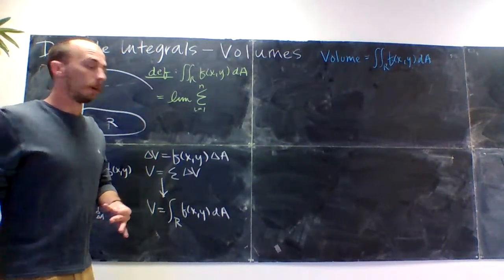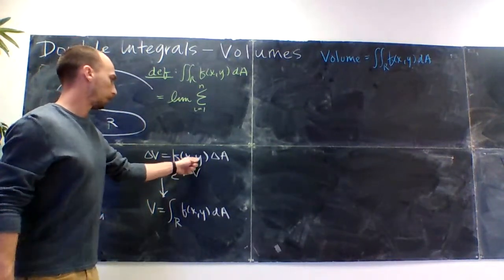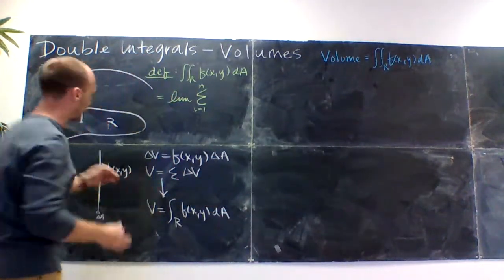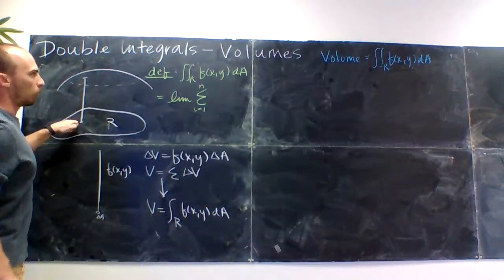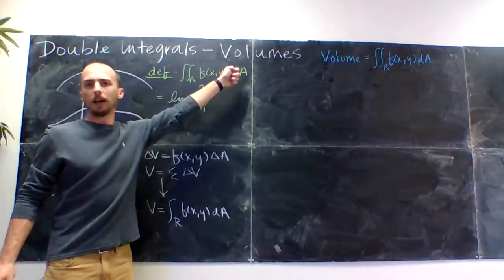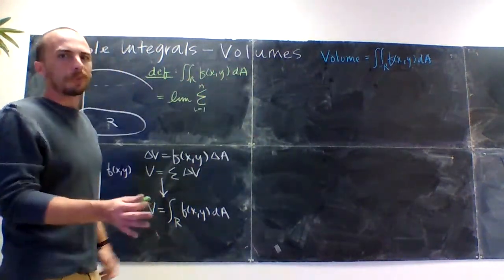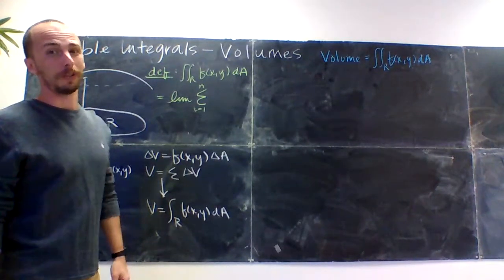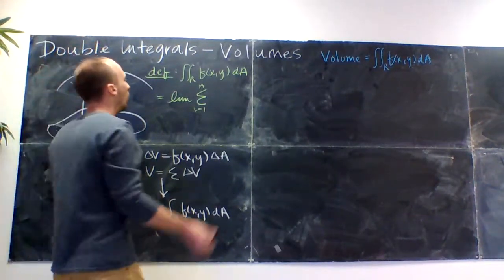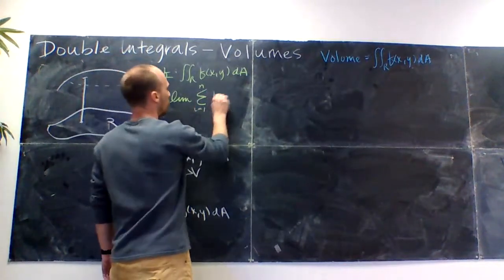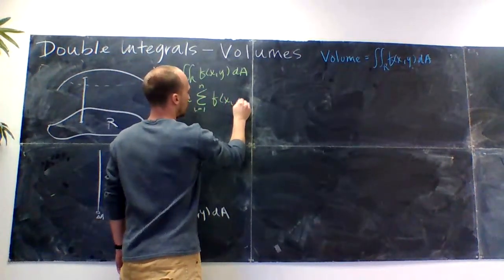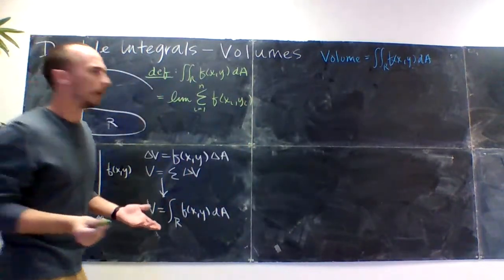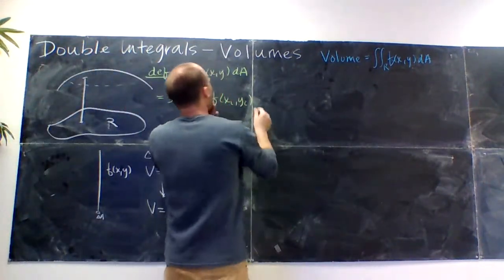These sticks have volume given by f of x and y times delta A. Now, if we're going to split it up into a bunch of different sticks, it's going to be f of each individual xi and yi, which you don't really want to go into the process of computing these Riemann sums, and especially not the limit of these Riemann sums, I promise you that. So instead we're just going to say f of each x and y as you run over the course of your R in some systematic way, times delta area.